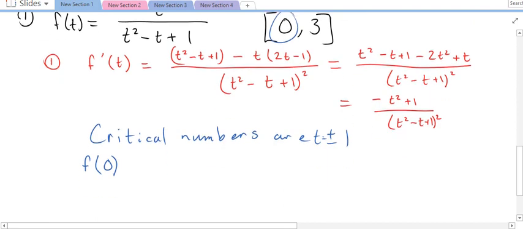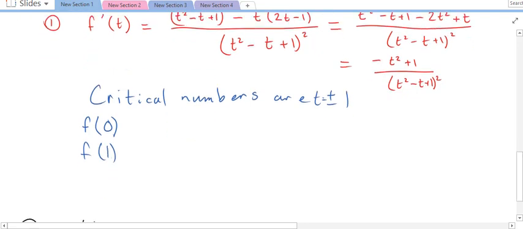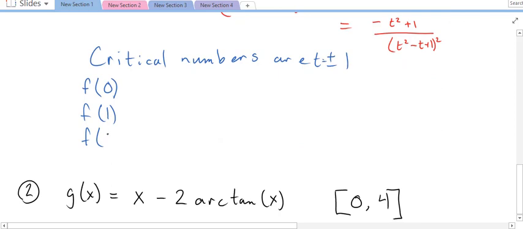Here's a good point. This t equals negative 1 that we got as a critical number, I don't actually need to worry about, because negative 1 is not in this interval, right? So I then just need to check f of 1, because that actually is in the interval. And then lastly, I need to check f of 3.